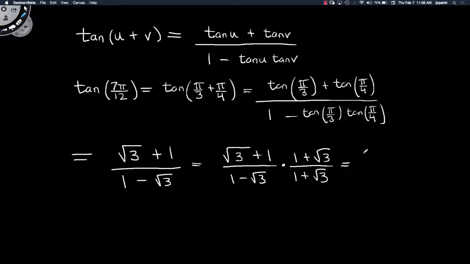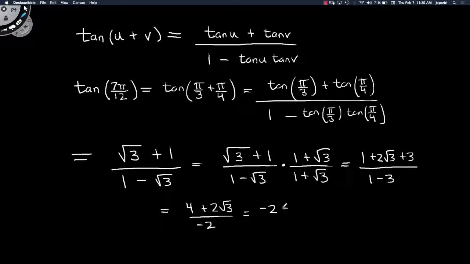Foil out the numerator: 1 plus 2 square roots of 3 plus 3. Foil out the denominator: 1 minus 3. And so this becomes 4 plus 2 square roots of 3 over negative 2, which is negative 2 minus the square root of 3.